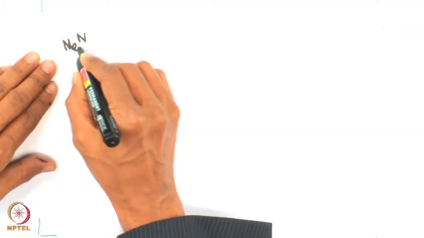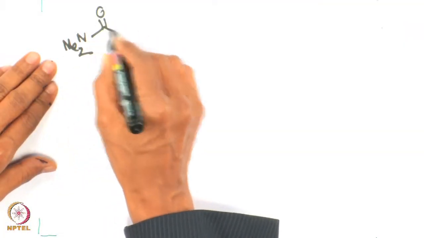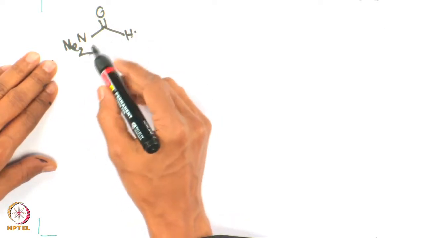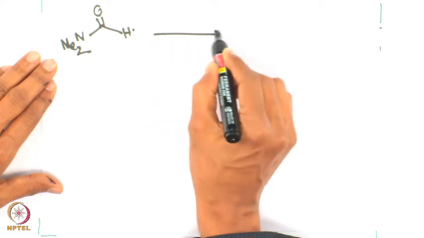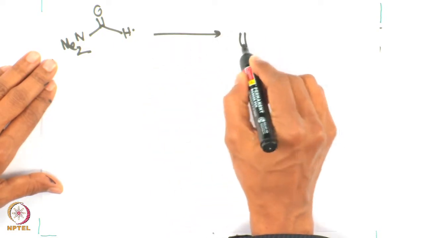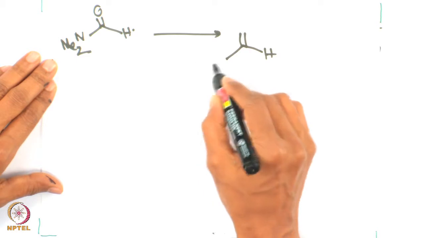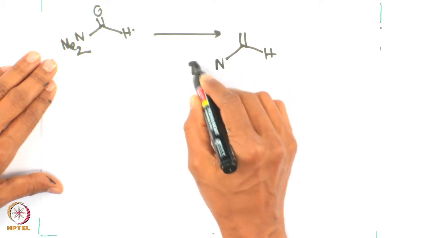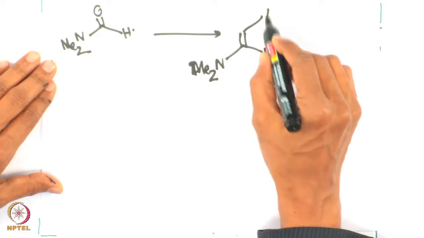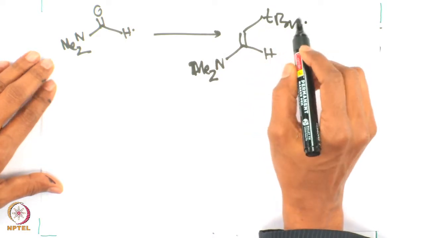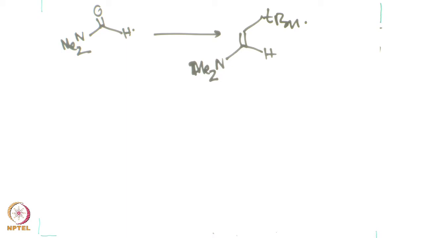Now, DMF is this one. These are even lower in electrophilicity compared to aldehyde. From there on you can use your Schrock carbene reagent. That is fine, when a lot of limitations are there in the Wittig reagent.